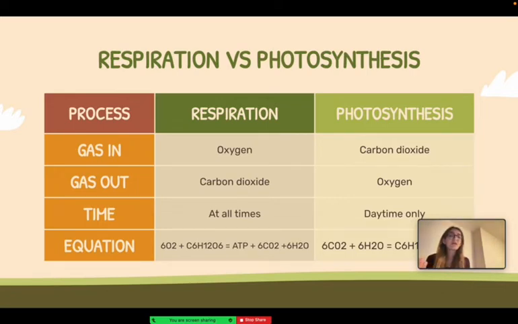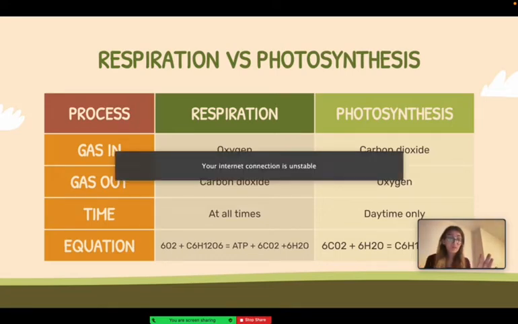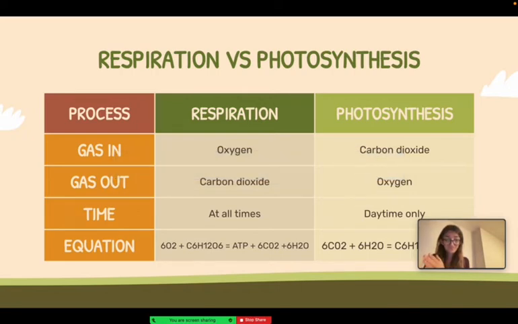Now, the difference is the complete opposite, like I mentioned. The gas that goes into respiration is oxygen, whereas the gas that comes out is carbon dioxide. And it's the opposite for photosynthesis, as you can see here.